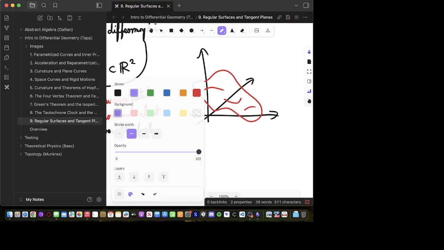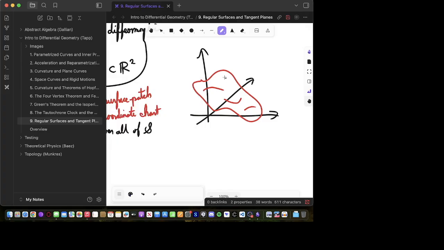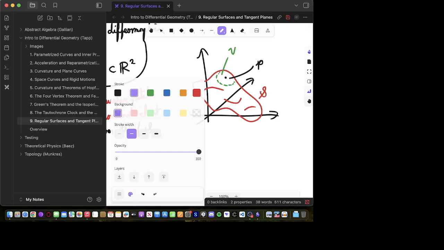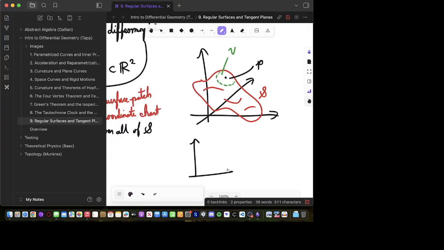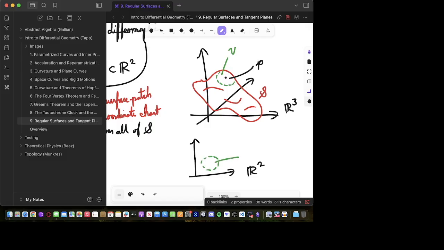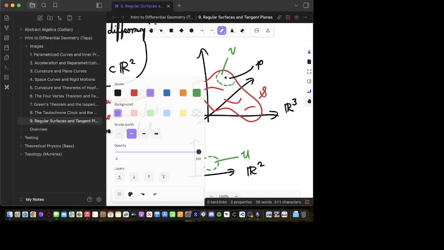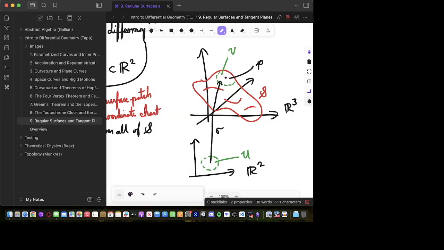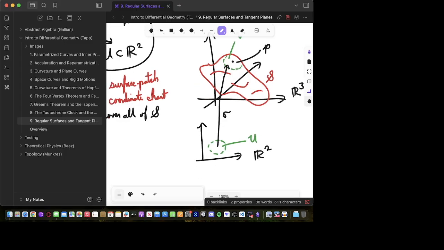But the point is, if we have a point P, and we can give it a neighborhood that's open in S, which we'll call V, we have our R2 here, and we have an open set U, and there must be a diffeomorphism, which is differentiable and has an inverse that is also differentiable.